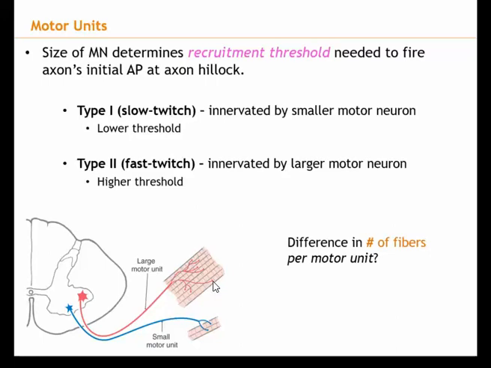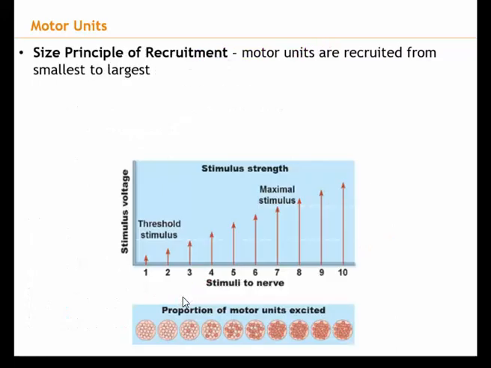Those motor units contain more muscle fibers, upward of 500 to 1,000 muscle fibers per one motor unit, meaning that this red neuron right here, there's just one neuron, but it's going to innervate, it's going to activate 1,000 muscle fibers. That's pretty crazy to think about. But the average number of muscle fibers per motor unit is 100. So about 100 fibers per one motor unit on average in the human body.